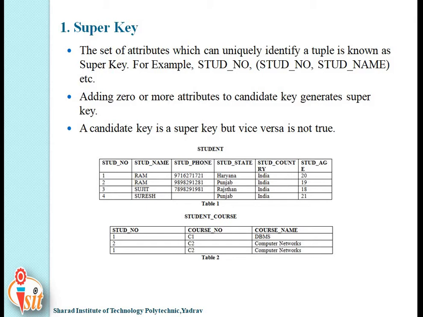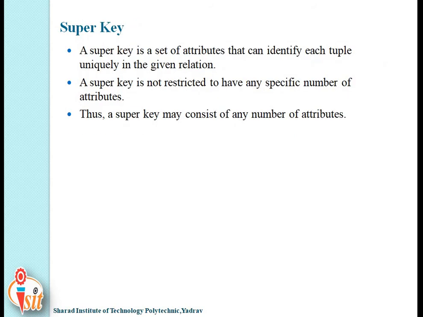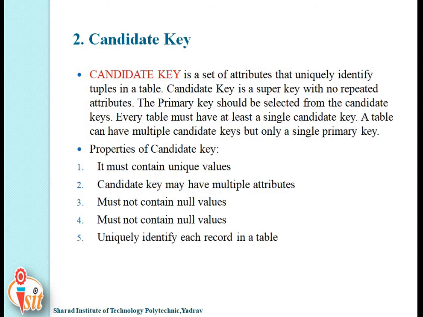Or class, section, roll number and name is also a super key. Name and address will be a super key. Name and age will also be a super key. All the attributes in a super key are sufficient to identify each tuple uniquely in the given relation. This is all about the super key.